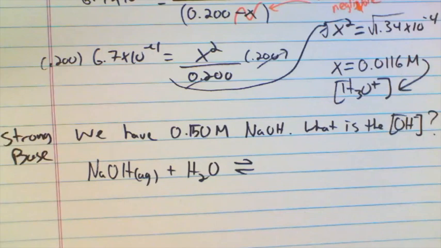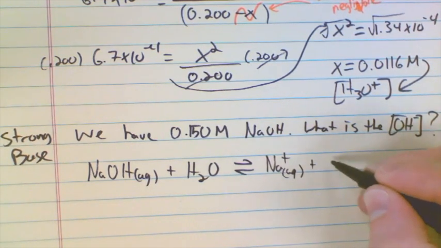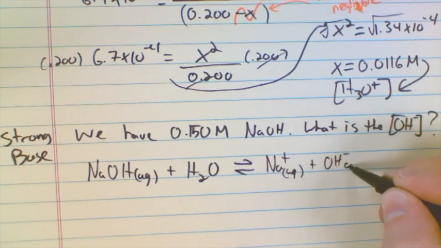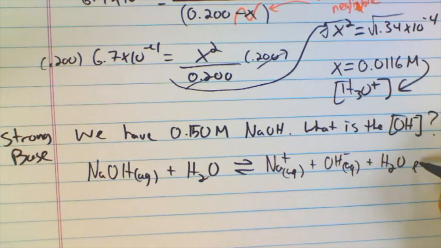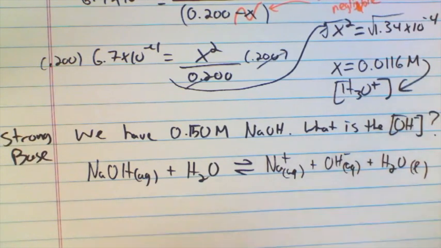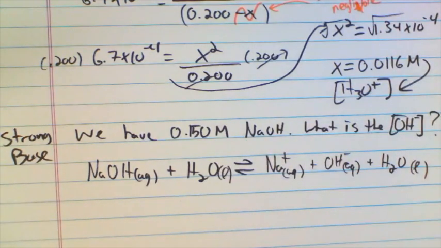And what do we get on the other side? We get sodium ion and hydroxide ion. And our water just stays water. Remember, that's a spectator. Doesn't participate. So again, my question is, what is my hydroxide ion concentration?